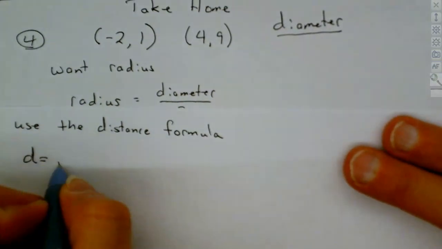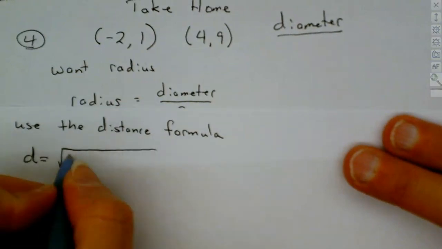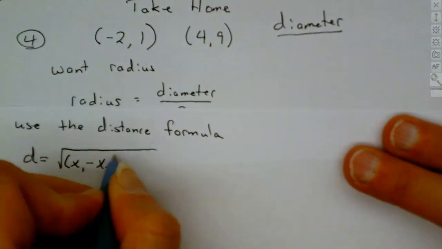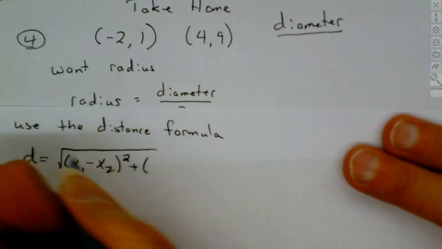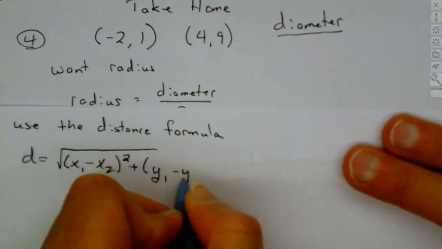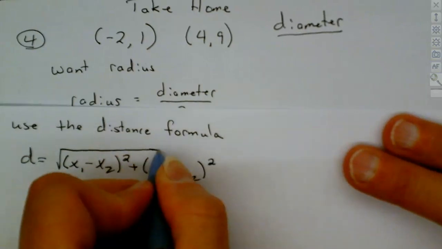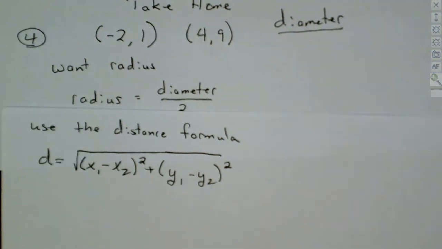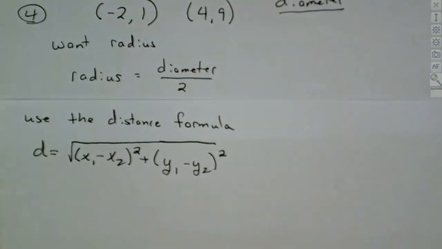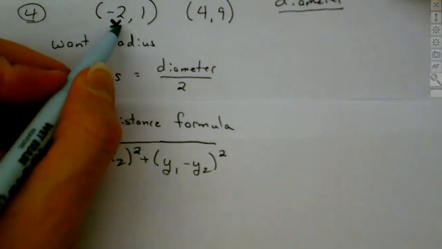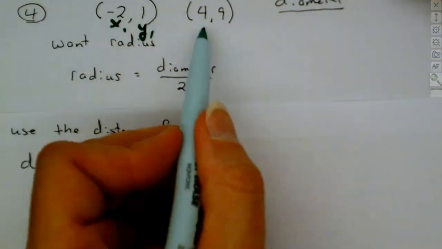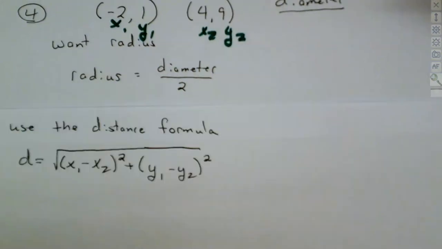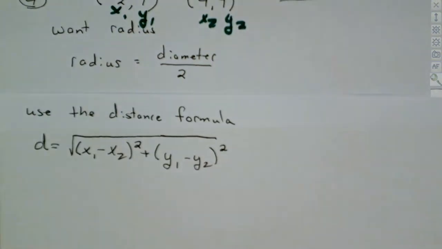D equals the square root of x1 minus x2, quantity squared, plus y1 minus y2, quantity squared. So there's our formula. I'm going to do one more step, maybe 2, and the rest of it for you to work out. So this is x1, y1, x2, y2. So that's what we're going to try and find.